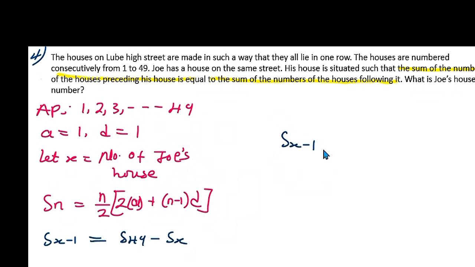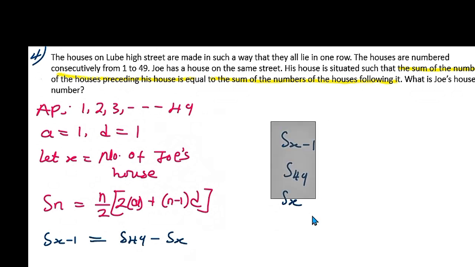And S of 49 is telling us the total sum of all the houses. And here we are going to have S of x, which tells us the partial sum of all the houses up to Joe's house, or as the question said, preceding Joe's house.